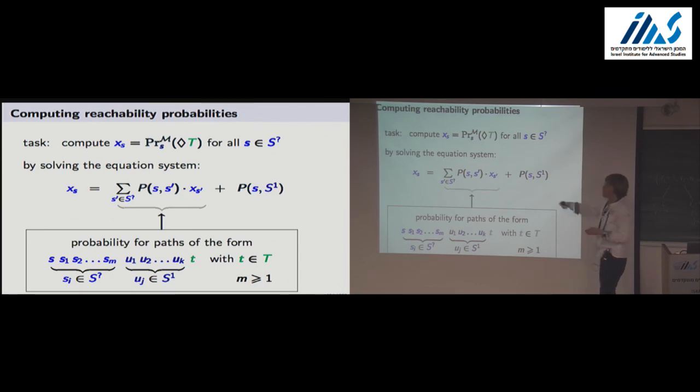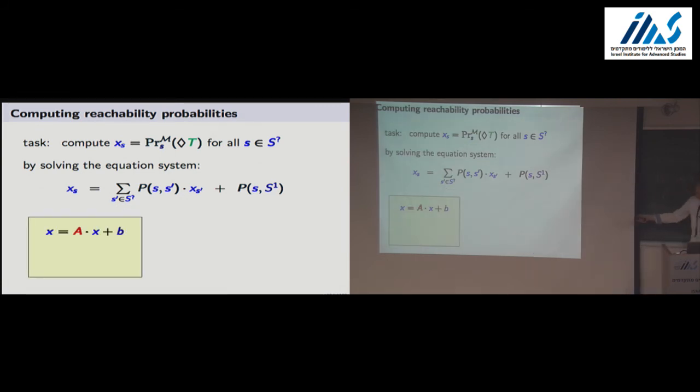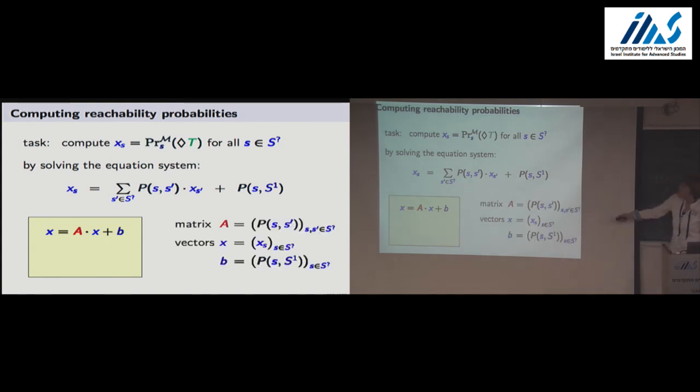This one here, where we stay with the first transition inside this area S question mark, stands for the other successful paths, which means from S we move to another state in S question mark, then we can stay in S question mark for a while, and then eventually we move to S1. Now altogether, this gives in matrix vector notation an equation of the form x equals Ax plus b, and you can rephrase it in that way.